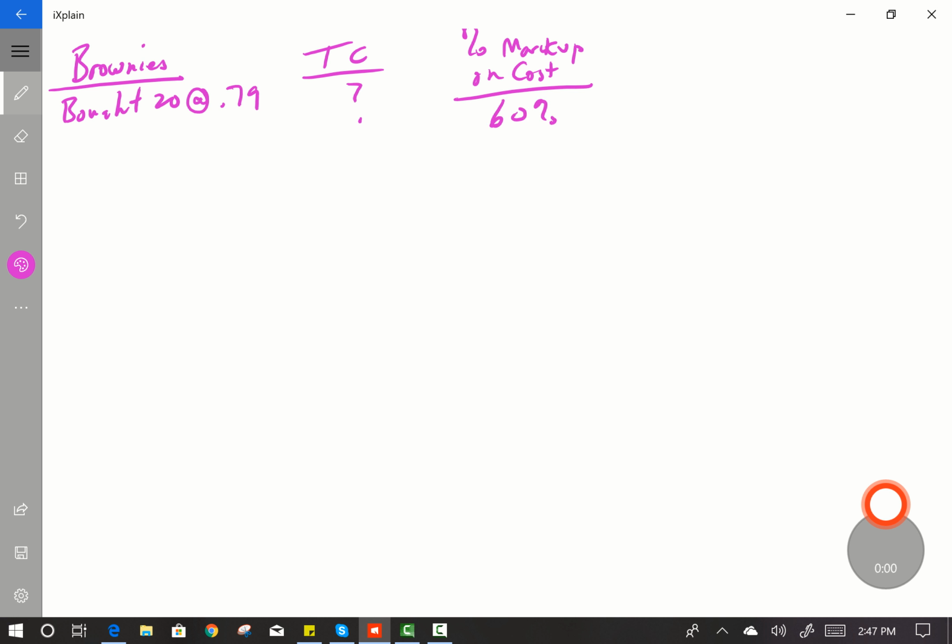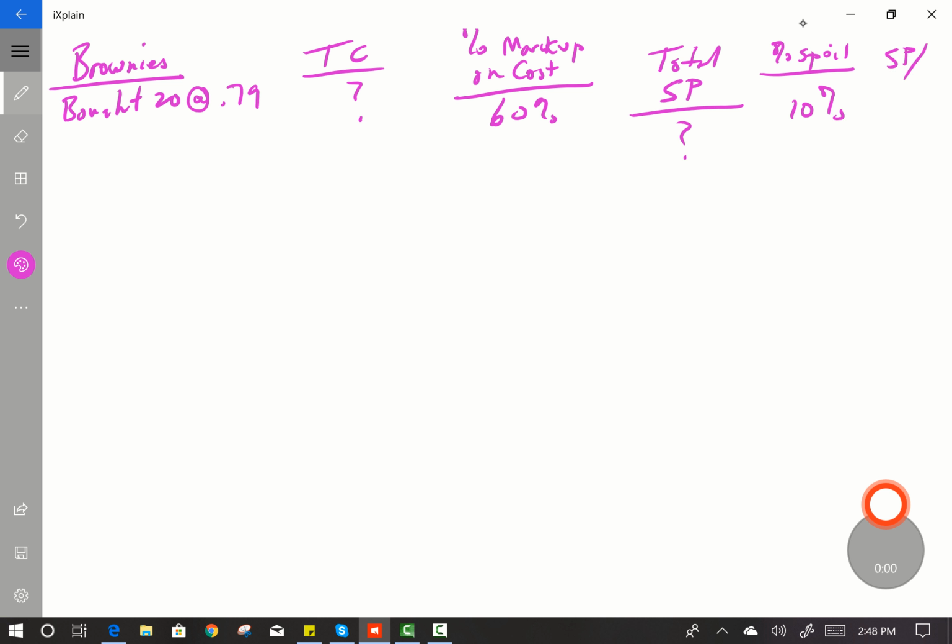And then we also want to find the total selling price. And then there's a percentage that will spoil. And that percentage is 10%. And we want to find the selling price per brownie.